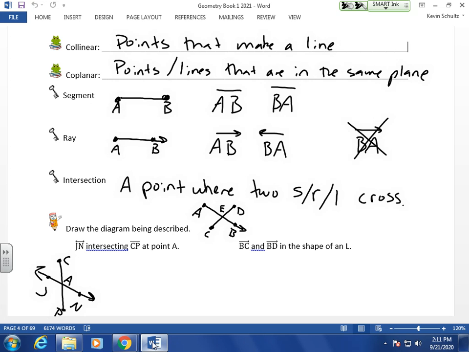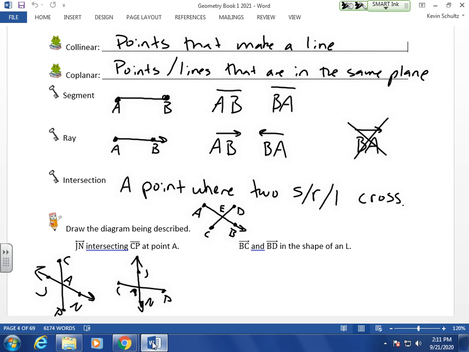Maybe your JN is vertical. JN, CP, going straight across, more or less. Intersecting at point A, okay? There's lots of different ways you could draw this, but the important thing is that where your line and your segment intersect is point A. They wouldn't have to, I kind of drew it so they intersected kind of in the middle.